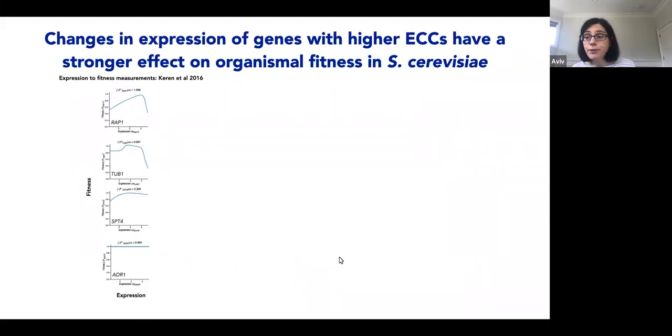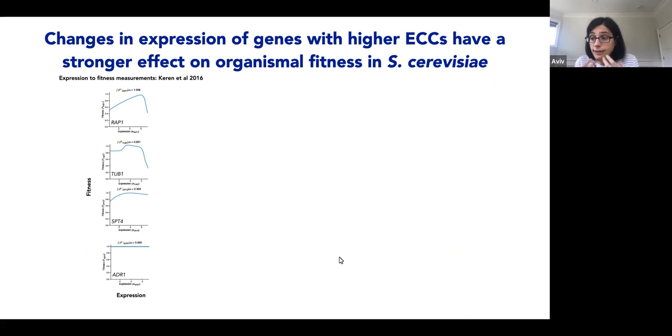We also compared the ECC values with the effect of the change in expression on actual organismal fitness. For this, we looked at 80 genes where Eran Segal's lab in another study measured their fitness, which is on the y-axis, at different expression levels of the gene on the x-axis. And I'm showing this here for 4 of the 80 examples.